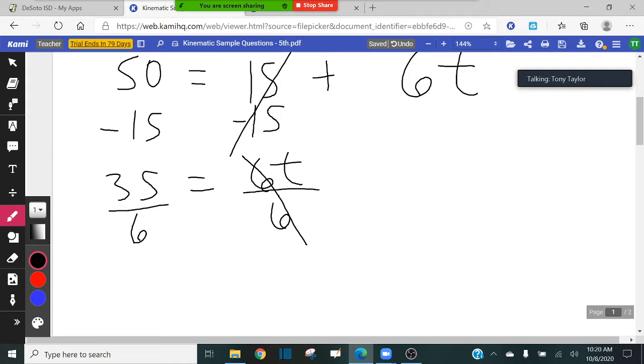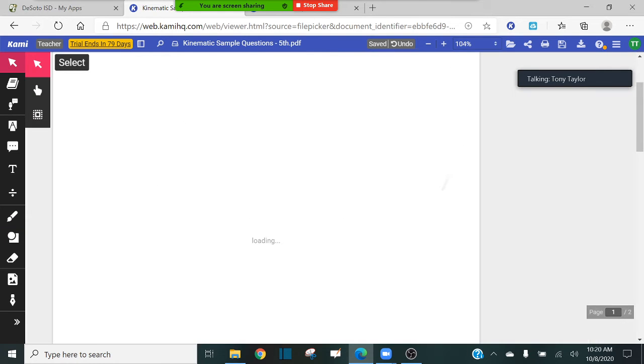So guys, if you do 35 divided by 6, if you put that in your calculator, you're going to get 5.83 seconds. Is everybody following me so far?